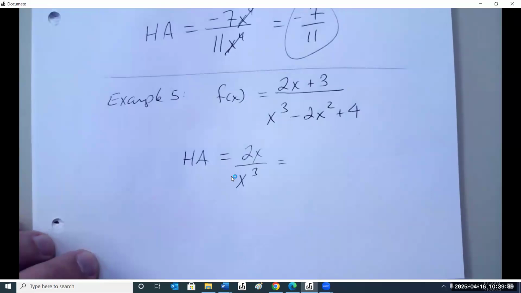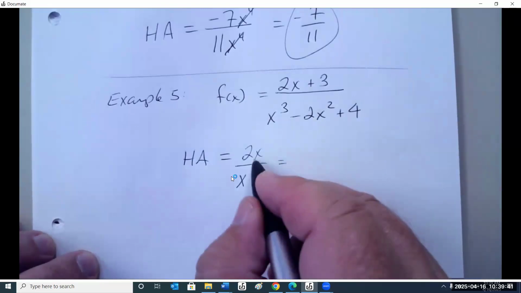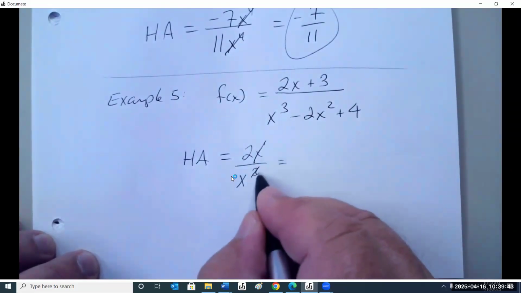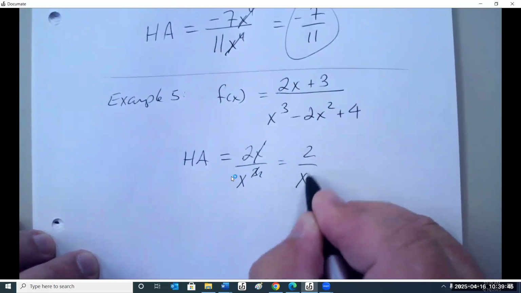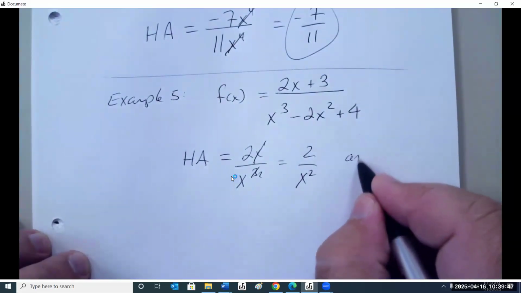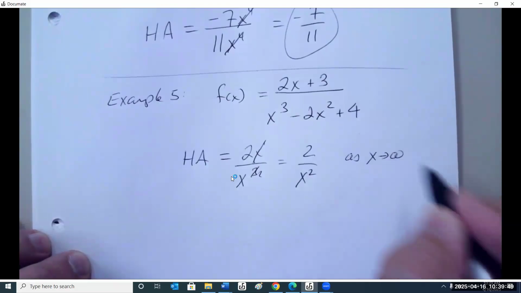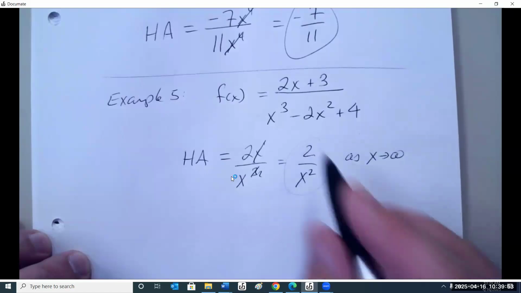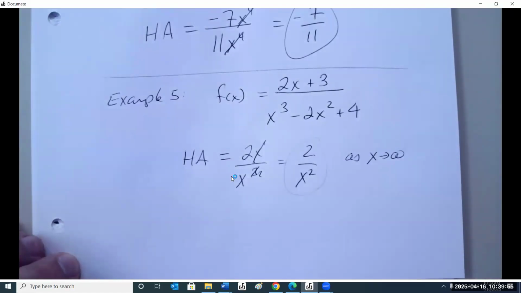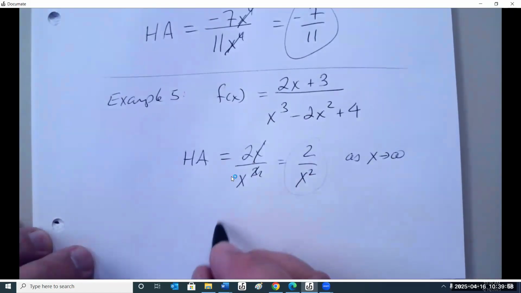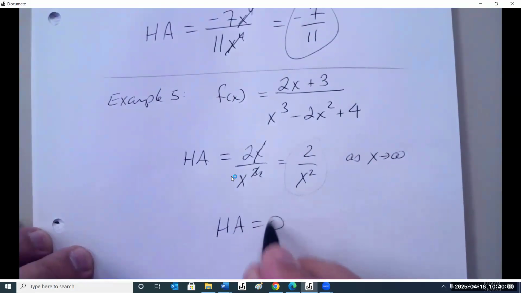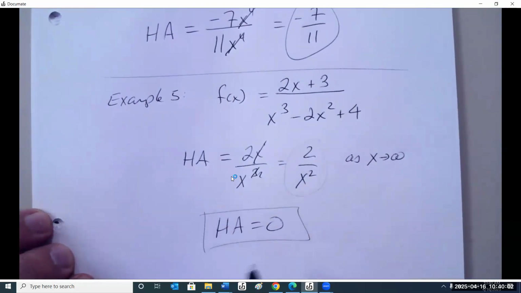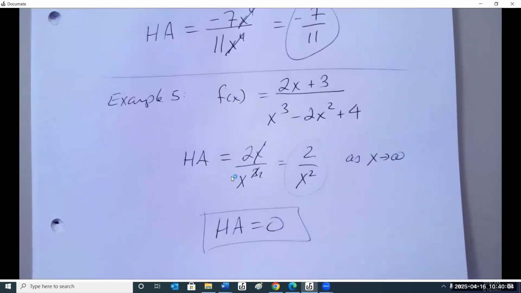Can anything cancel? X's. Right. There's one x. So we have 2 over x squared. As x goes to infinity, what happens to this number? Well, 0. If there's more x's on the bottom, then it goes to 0. For that reason.